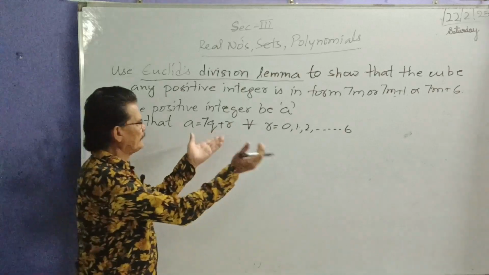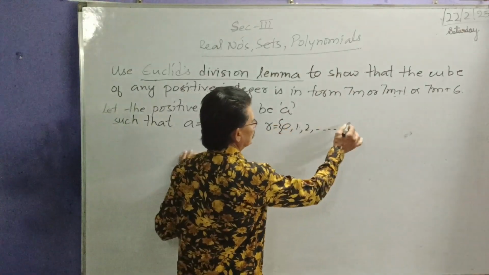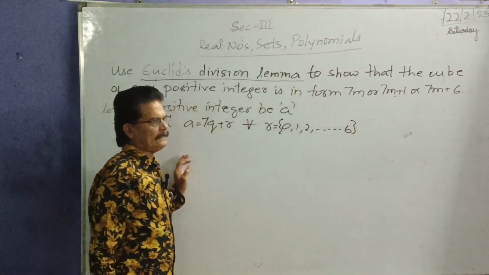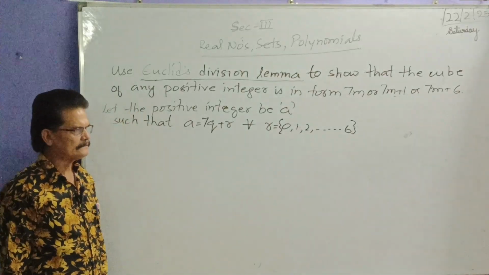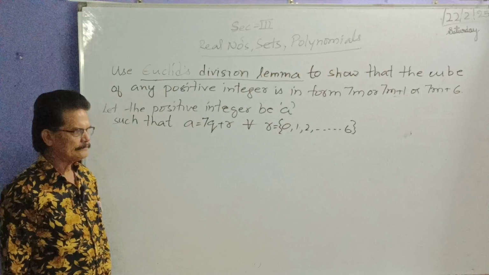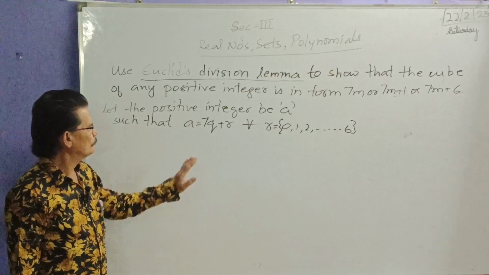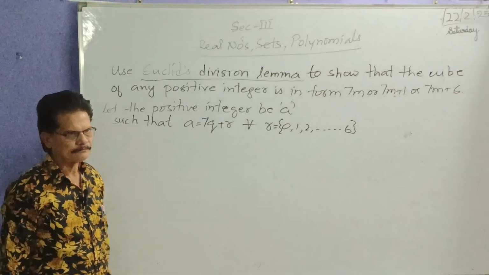You can write this as a set of elements also. r is equal to 0, 1, 2, 3, 4, 5, 6. Right? Now we are starting our problem.